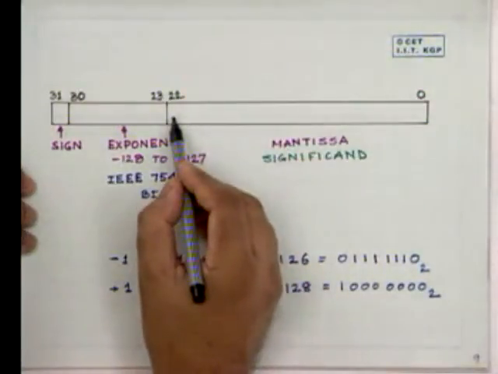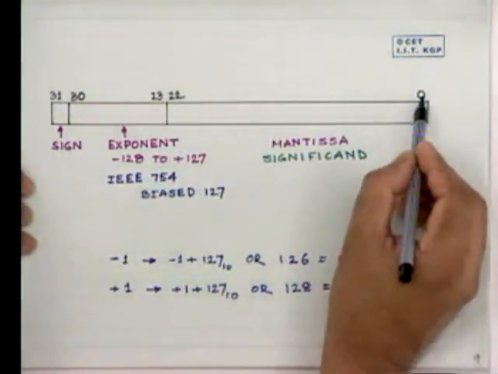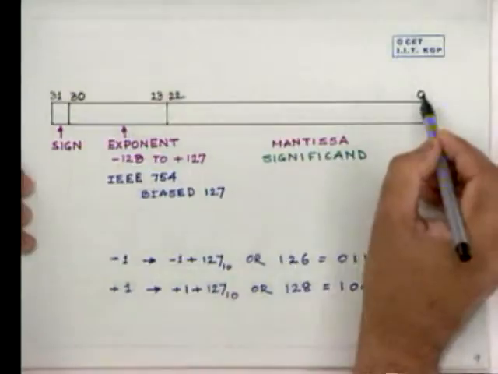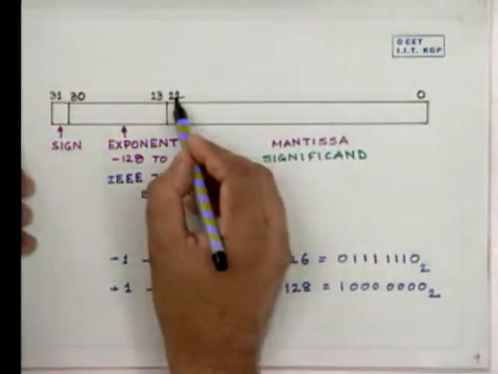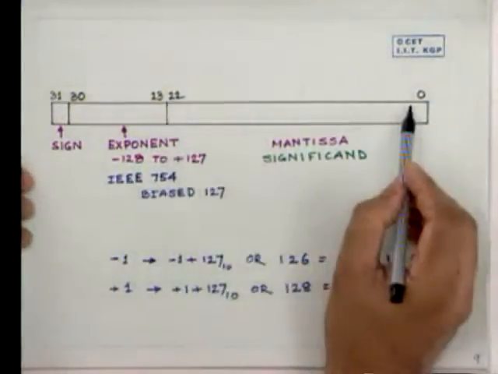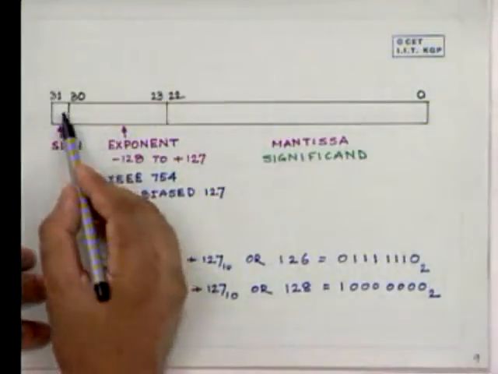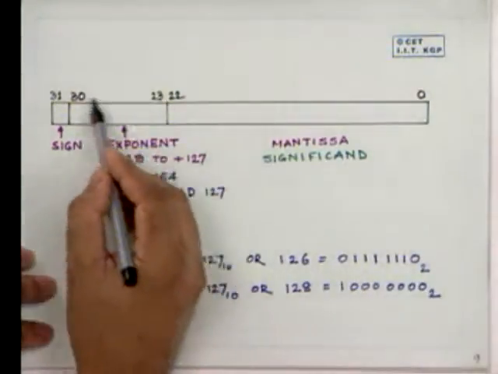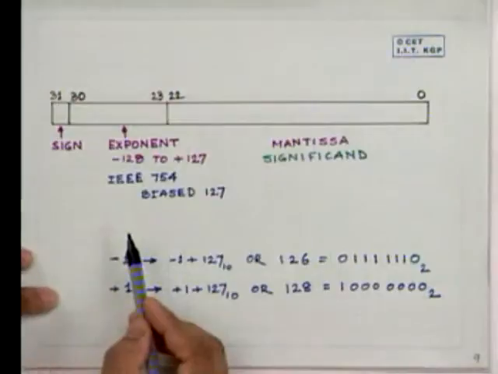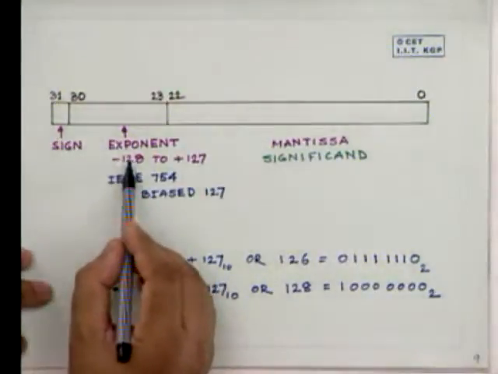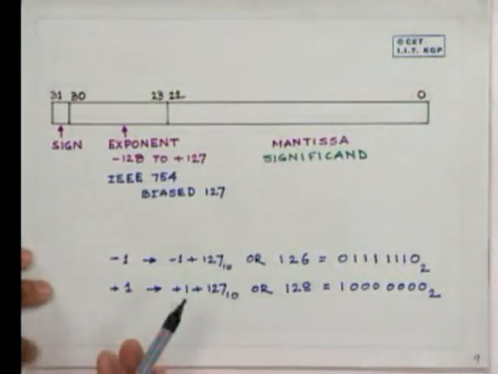Here we can keep 23 bits for the mantissa, from the 0th bit to the 22nd bit. This is the mantissa. If we represent the exponent in 2's complement form, we can represent minus 128 to 127, right?